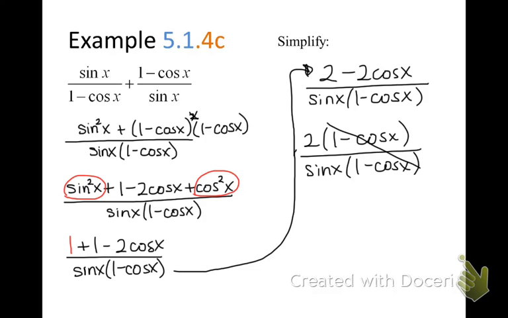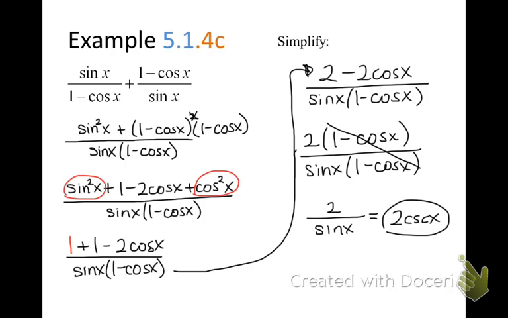Those go away. Right? You get two pieces that cancel. This is 2 over the sine of x. What might be a neater way to write that? A more condensed way to write that same thing. 2 cosecant of x. I can get rid of the fraction that way, right?